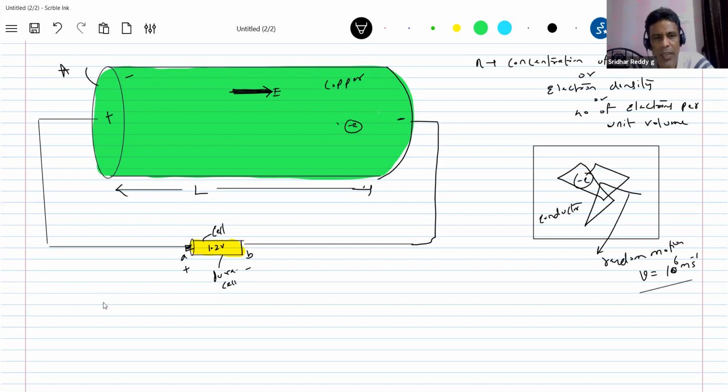So the moment I apply a potential difference across a conductor, the electrons inside will experience a net resultant force. So due to that, what happens? They don't move in one specific order. Still they'll be moving like this. So why this zigzag path? This electron will start experiencing a force.